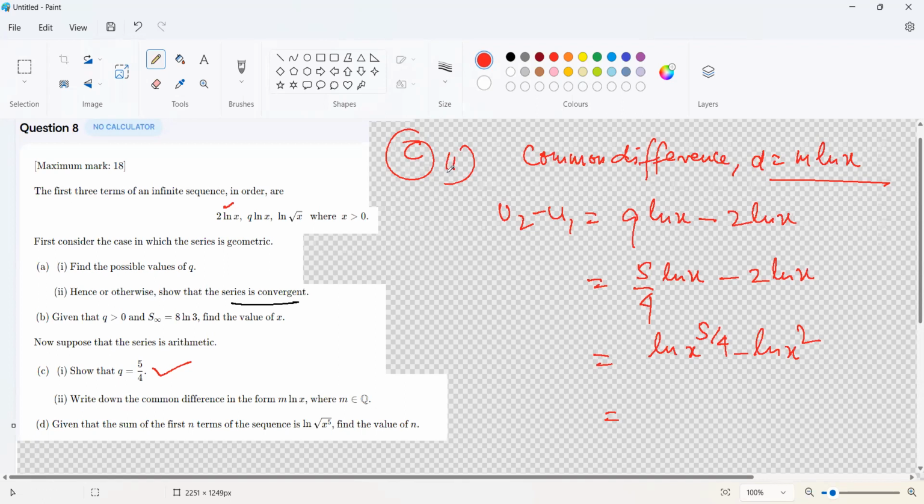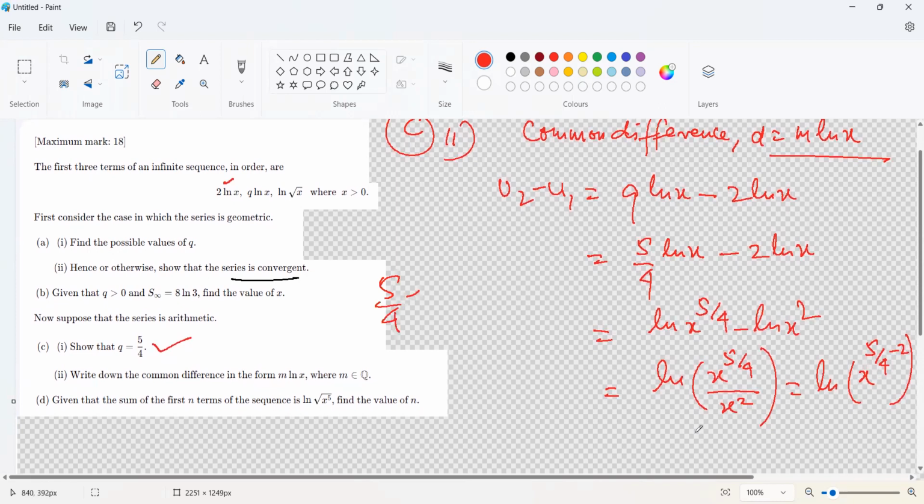Here we use the quotient rule of log: 5 over 4 upon x raised to the power 2. So what will this be? Ln x raised to the power 5 over 4 minus 2.